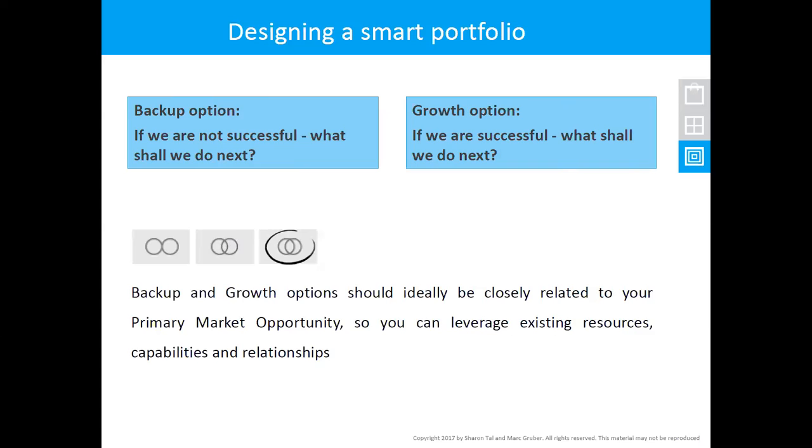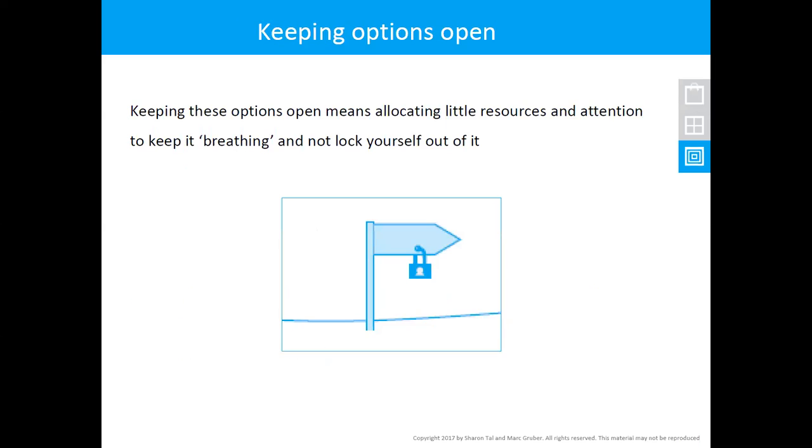So we are looking for related market opportunities that can serve as potential backup or growth options. What would we do with these options? We want to keep them open. Keeping options open means that we allocate little resources and attention only to keep them breathing and to make sure that we don't lock ourselves out of it.